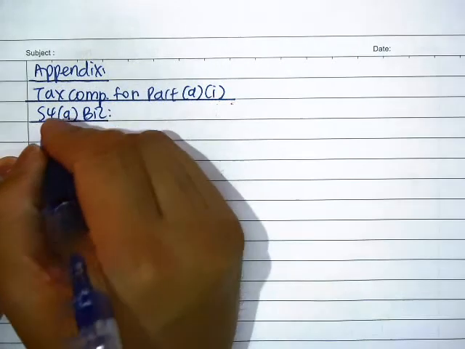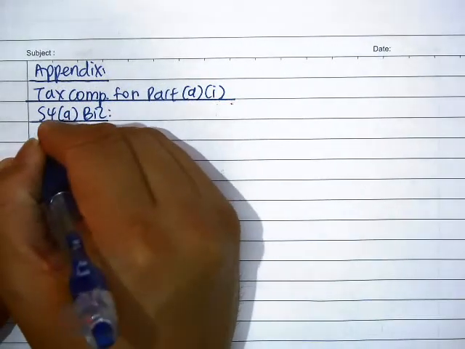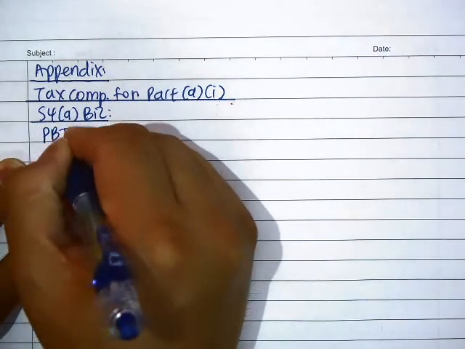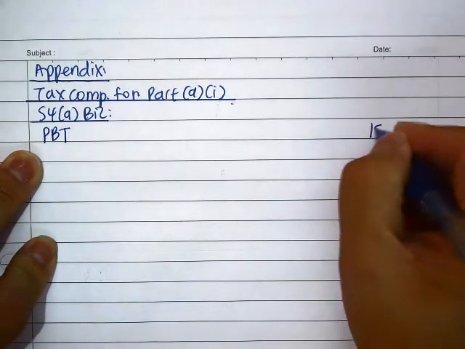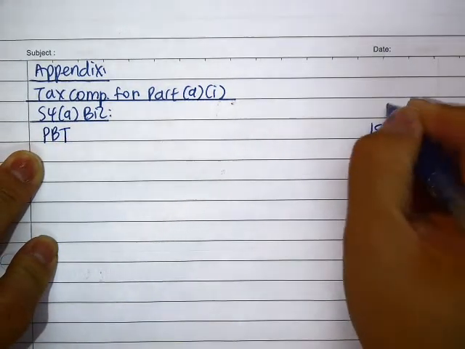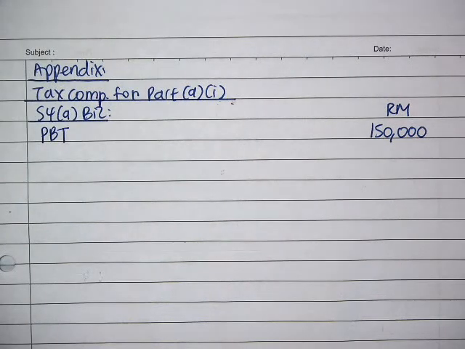So how do you start? They give you profit before tax. All the while they give you adjusted, then you take adjusted minus CA. This is profit before tax.